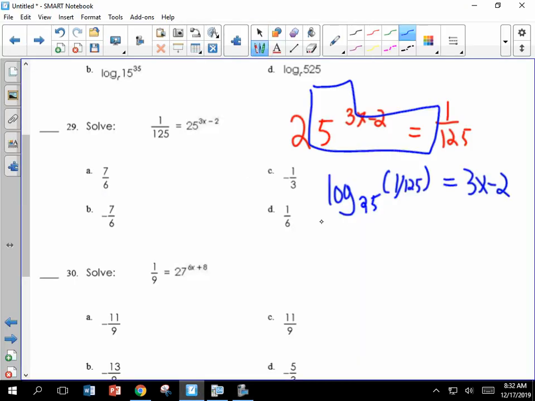So I get negative 1.5 equals 3x minus 2. Now all you're doing is solving for x. To get rid of a minus 2, you add 2 to both sides. So you get 0.5.